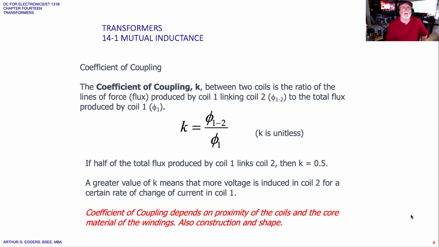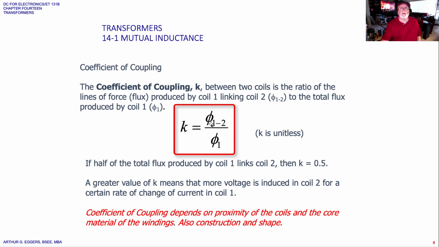The coefficient of coupling then, K, is that coupling between two coils, and it is the ratio of the lines of force or flux produced by coil 1 linking to coil 2. So you can see we use the Greek letter phi from 1 to 2 as our shortcut relationship, and it identifies the total flux produced by current in coil 1 that links into coil 2.